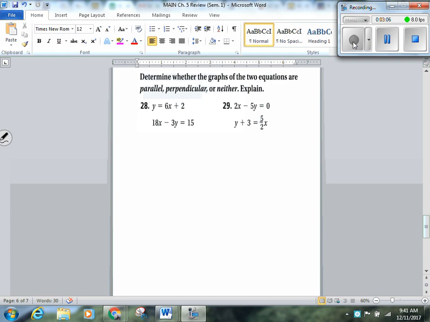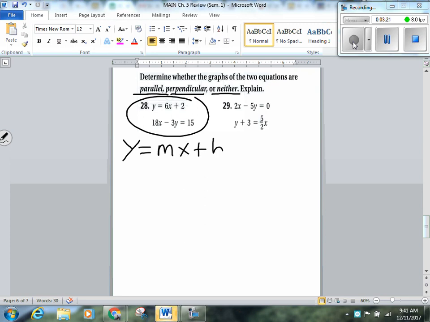Looking at this question, trying to find if it's parallel, perpendicular, or neither. So I'm going to take these two equations, and I want to put them into this equation, and then I need to take a look at their slopes and compare them. If I take a look at this equation right here, this equation is already in that form. I don't need to do anything to the first equation.